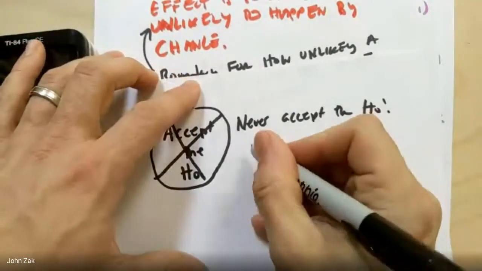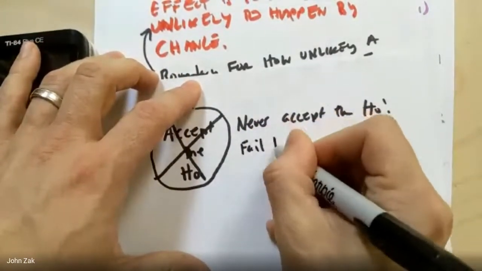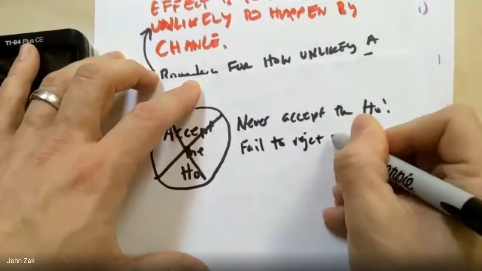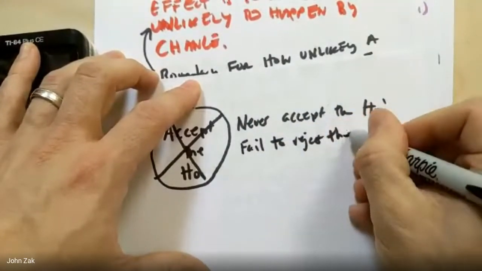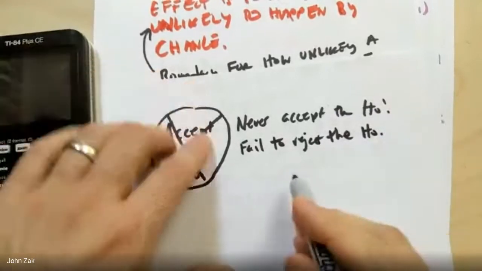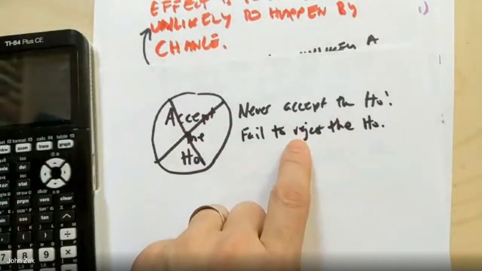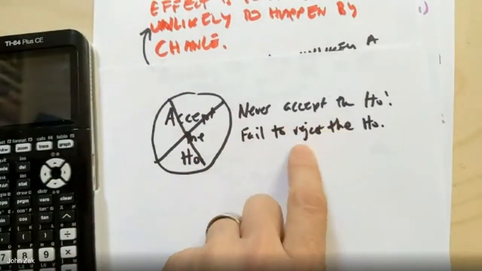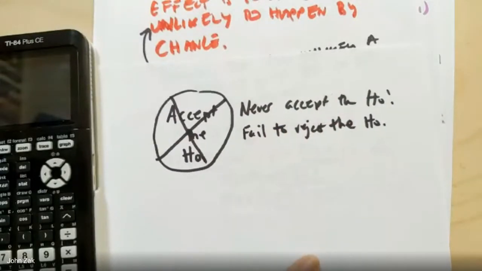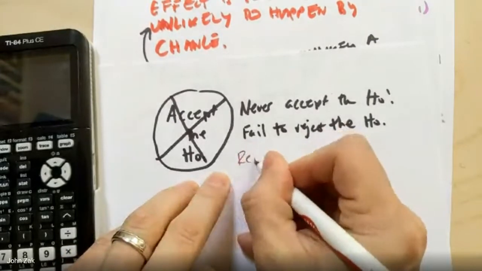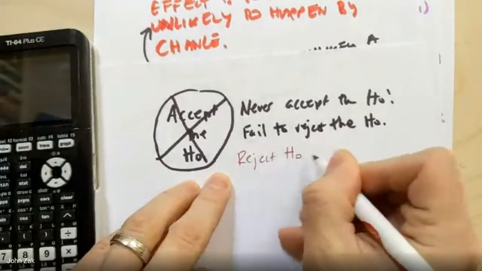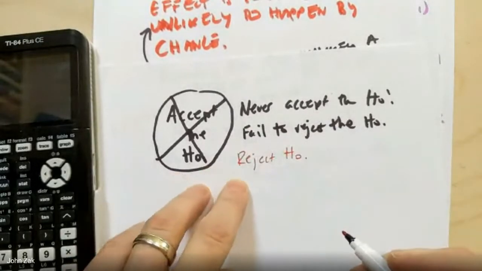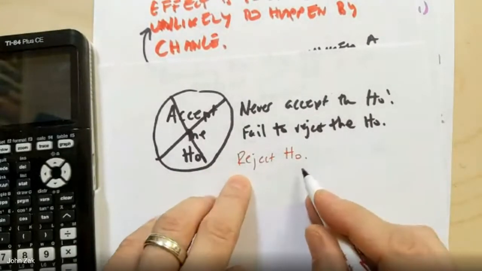Never accept that. Sometimes we'll fail to reject the null hypothesis. That's not the same thing as accepting it, right? Never accept it. Sometimes we'll just fail to reject it. So to go back to your question, Kira, you asked, if we reject H0, does that mean there's not significant evidence to accept?